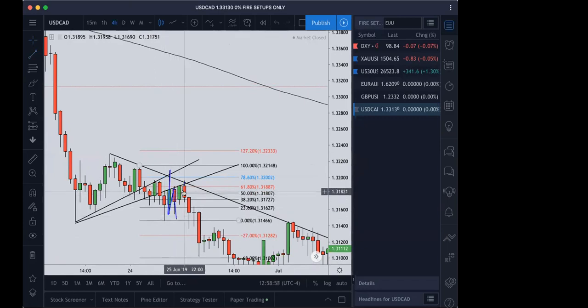And what can you find? The 61.80 lines up with the trend line. And what else? And this counter trend line. Yes, correct. And what else?